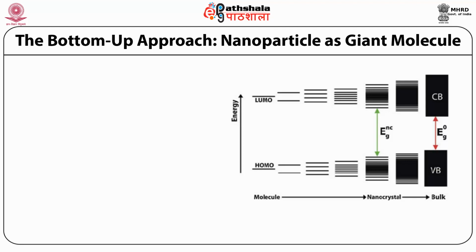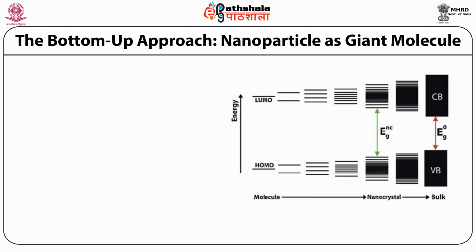The molecular orbitals are occupied by the electrons in such a way that the total energy of the molecule is minimized, and normally the bonding orbital is occupied with the electrons and is known as the HOMO. Exactly the same approach can be applied to find the HOMO and LUMO of the nanoparticle.